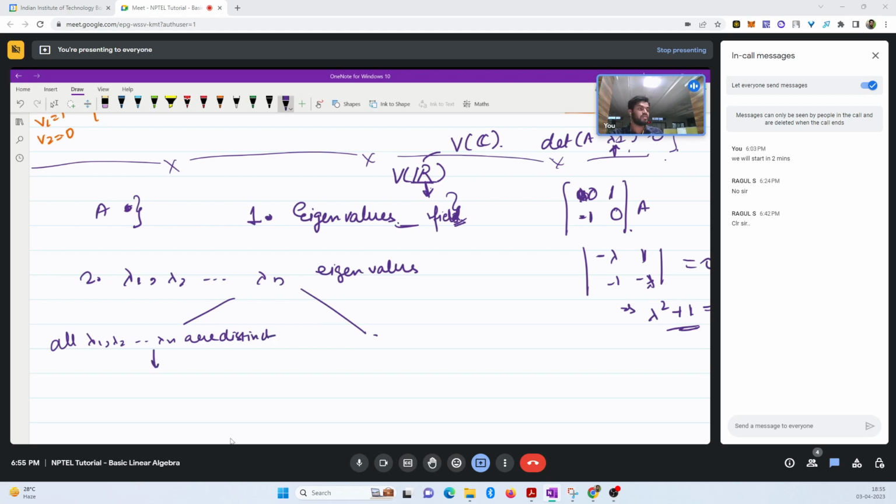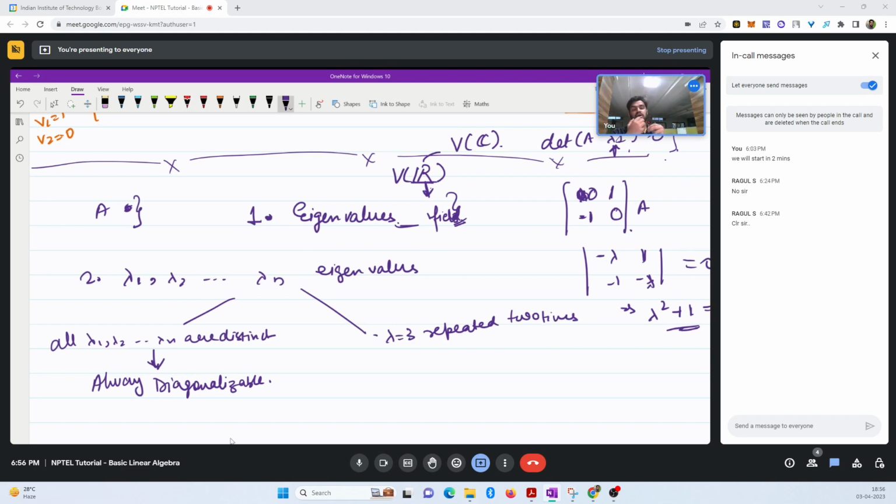In that kind of situation, your matrix will always be diagonalizable. In the second case, you can have, for example, as in the last case, lambda equal to 3 repeated 2 times. Then you don't have distinct eigenvalues.